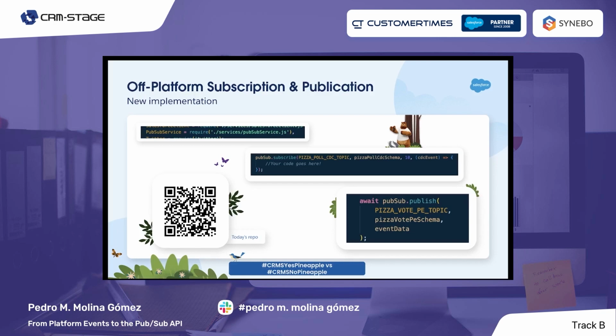With the snippet of code I'm showing in second place here, what I want to show you is the call we are using to specify the topic, specify the schema, and this number is the number of events I mentioned before we are going to request to the stream. In this case just 10.